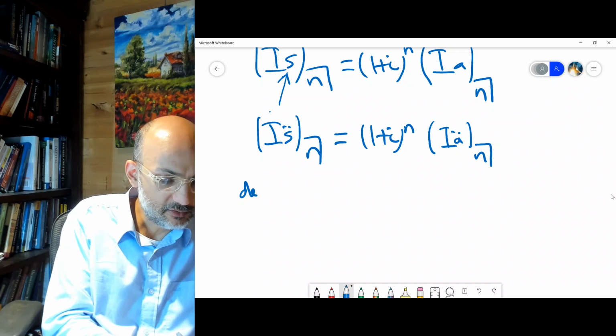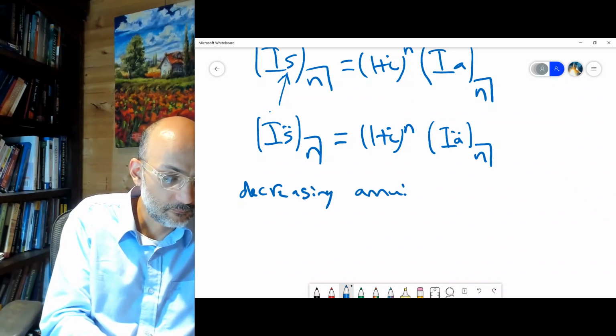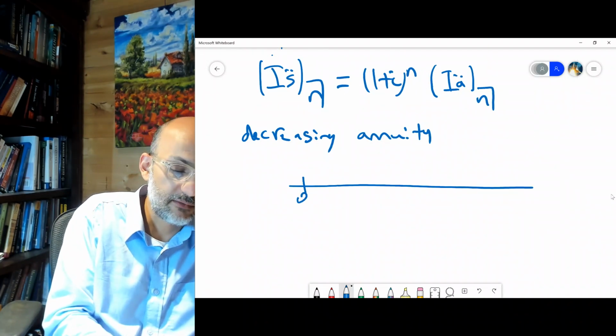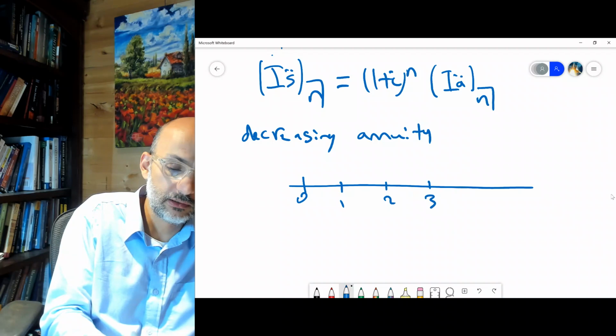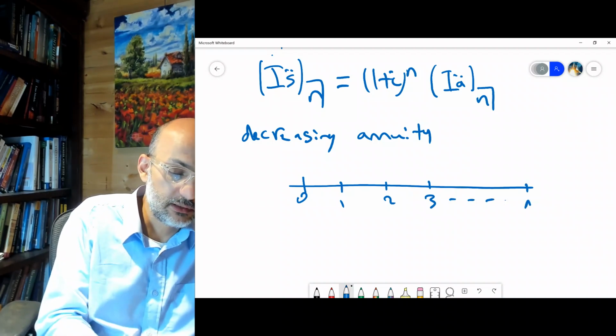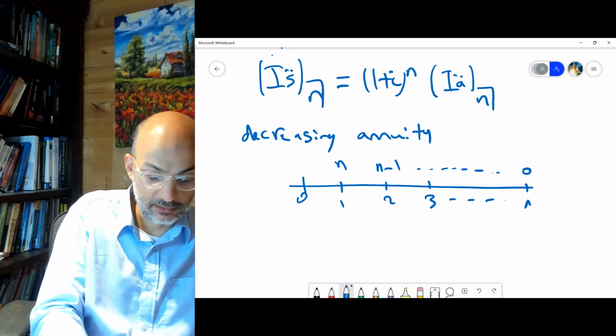What about decreasing annuity? The logic is you have times 0, 1, 2, 3, all the way to n. The decreasing annuity gives you, instead of $1, n minus 1. So the last one will be 0, nothing left.